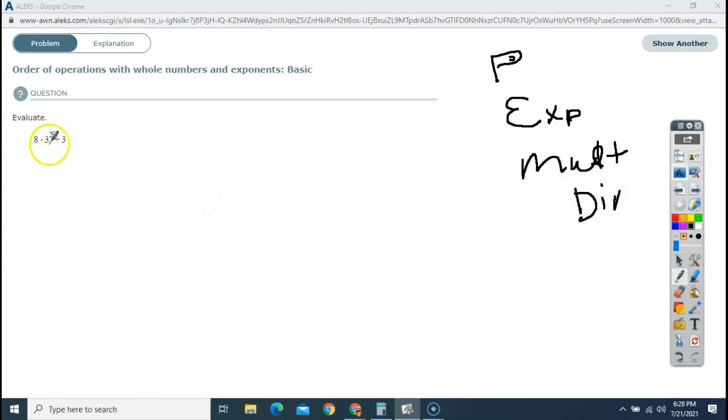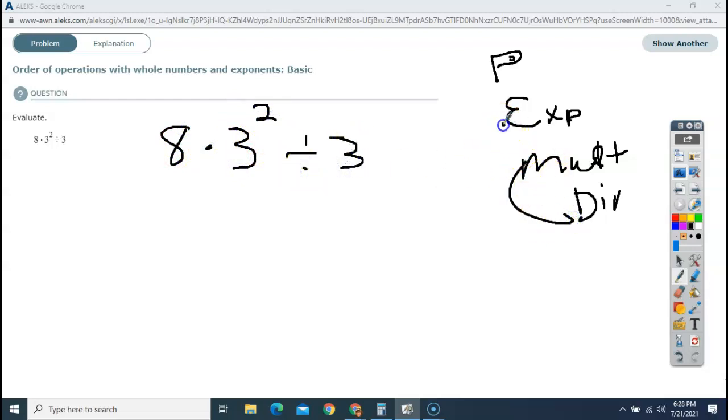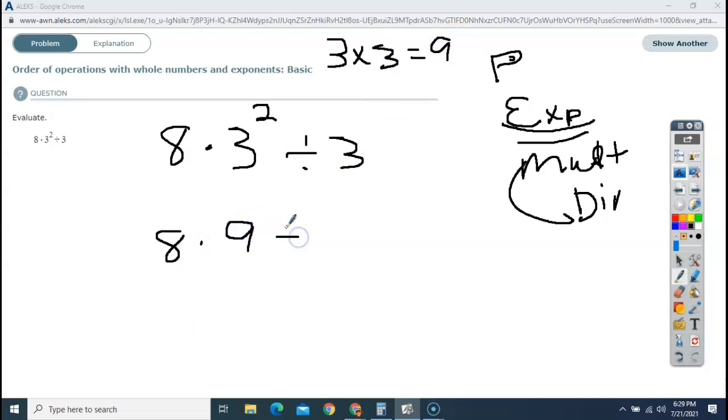All right, so we have 8 times 3 squared divided by 3. So before we do any multiplication or division, you have to handle the exponent. So 3 squared, hopefully you know that means 3 times 3, which is 9. All right, so then we have 8 times 9 divided by 3.